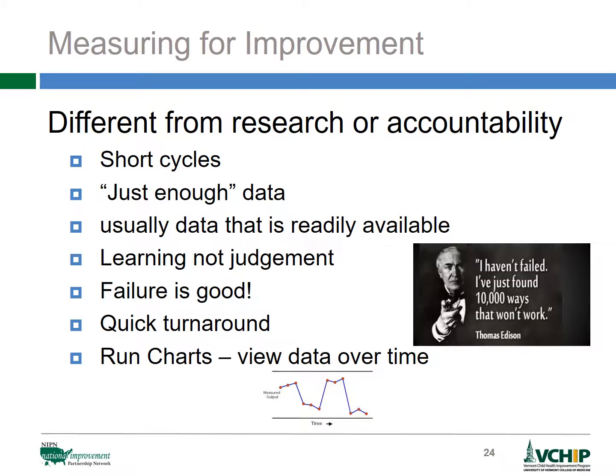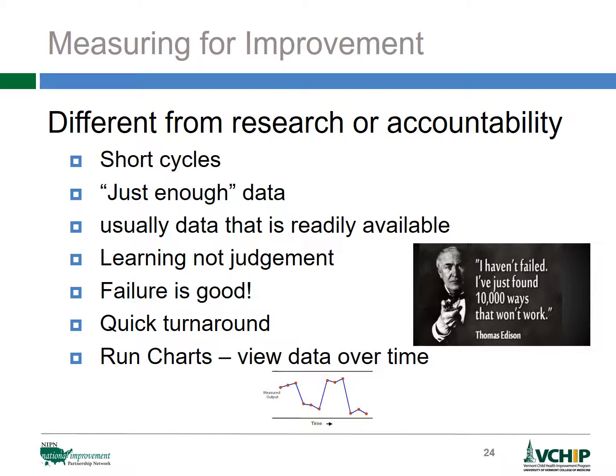When we think about measuring for improvement, it's very different from measuring for research or for accountability. And these tend to be areas that people are more familiar with. So often when you talk about measuring for quality, there can be a big misunderstanding there. So we're measuring for improvement.